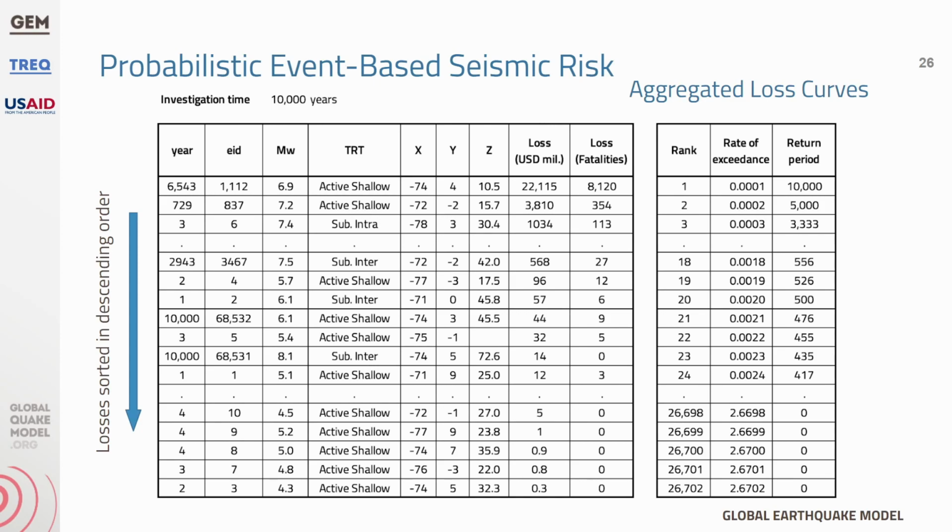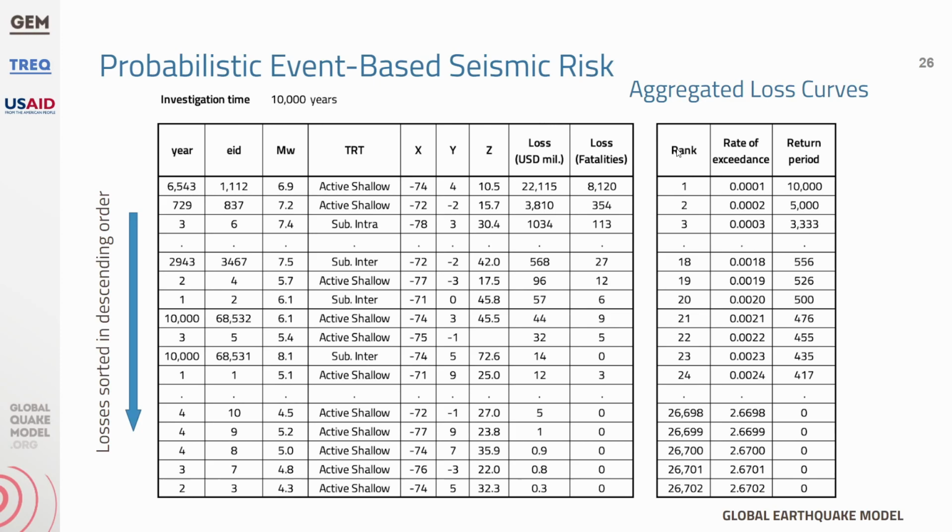In our case, our stochastic event set is of 10,000 years. So to understand the exceedance loss ratio, we're going to divide those numbers of exceedances by 10,000.